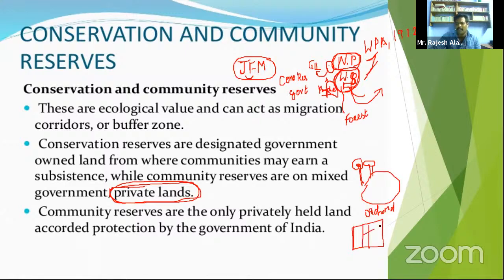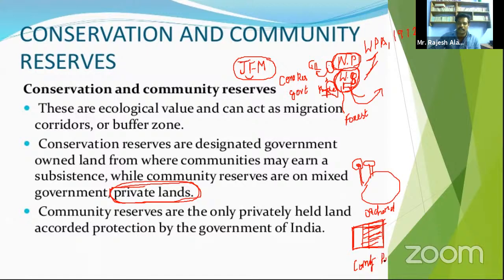So if I'm a nature lover, I can tell the government, sir, I am ready and more eager to conserve this bird species. I can offer my land to the government, or I can give my cooperation in the conservation aspect. Now my farmland will be declared a community reserve. It's private land. It belongs to me, right, sir? So that is the difference.